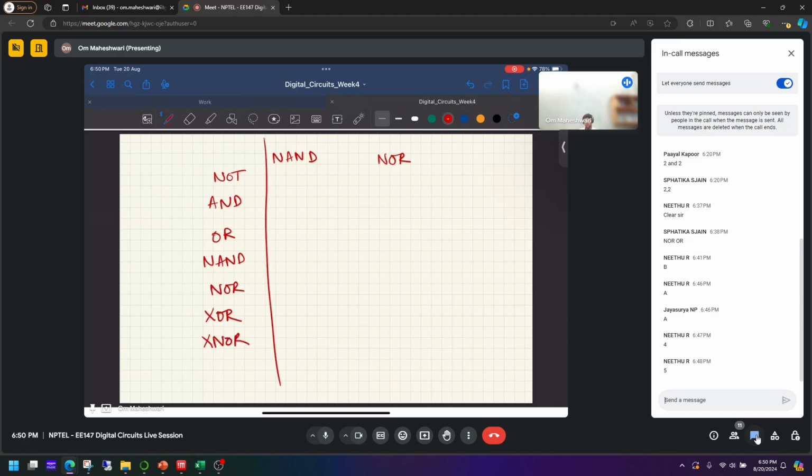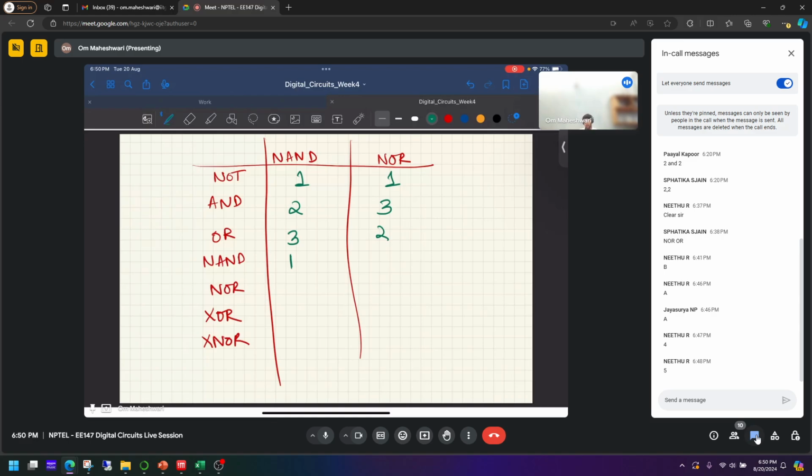How many gates do you need for each one? For NOT, you need only one in both. For AND, you need two in NAND and three in NOR. Three and two is one.